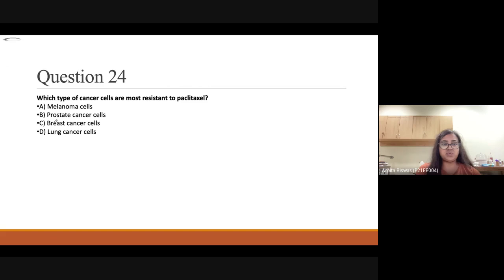First is the melanoma cell, second is the prostate cancer cell, third is the breast cancer cell, and the fourth one is the lung cancer cell. So option B is the right answer, the prostate cancer cell.